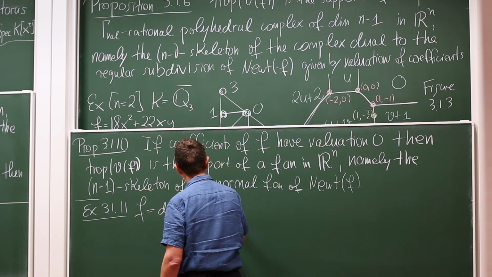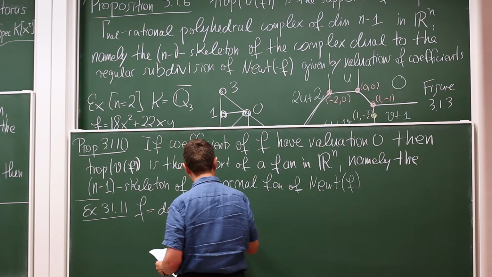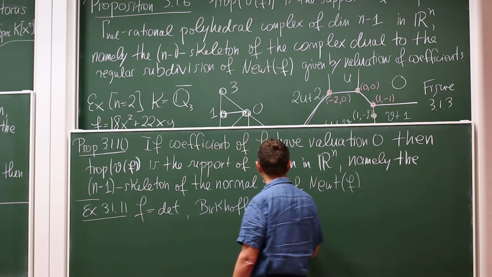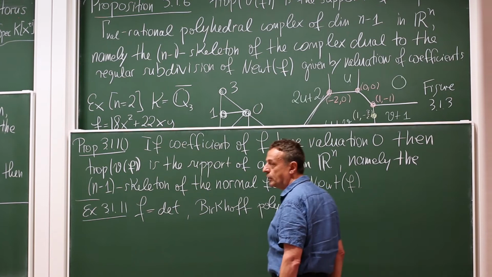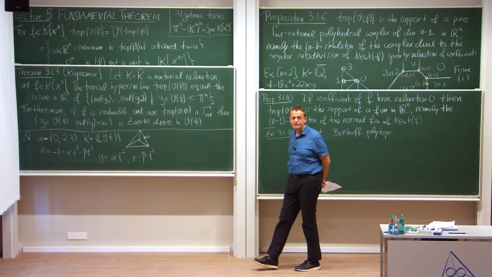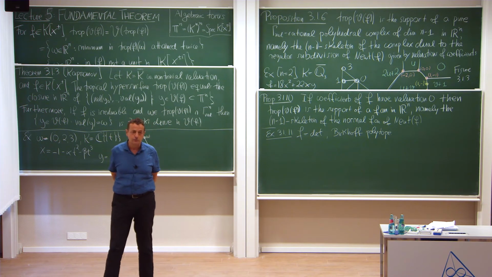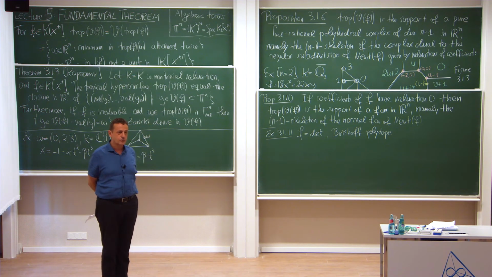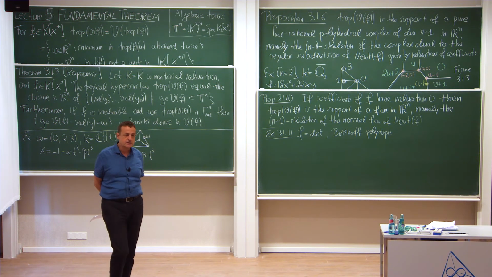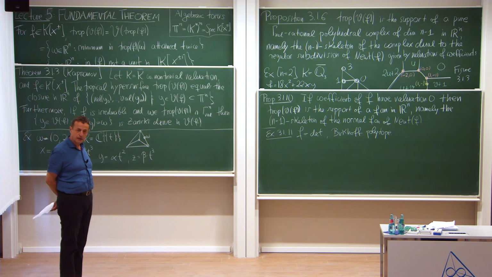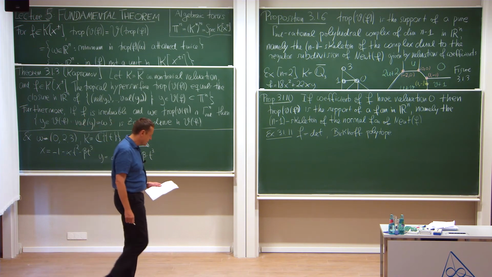The Newton polytope is the Birkhoff polytope. So the Newton polytope, the Birkhoff polytope, is the convex hull of the 6 permutation matrices, right? So the 6 terms in the determinant become the 6 permutation matrices, 3 by 3 permutation matrices. So we're taking the convex hull of the 6 3 by 3 permutation matrices up in 9-dimensional space.